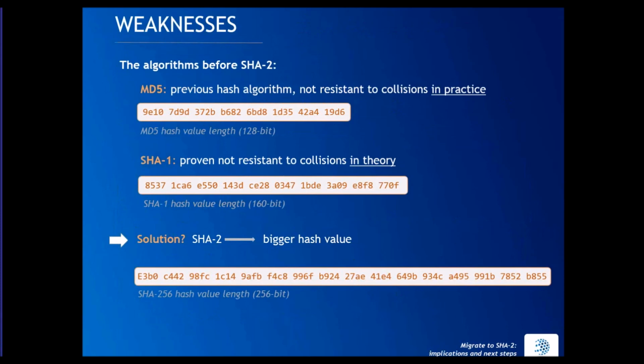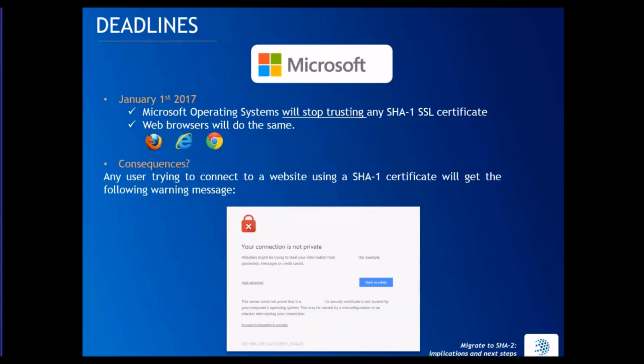SHA-1 hash value length is 160-bit, whereas SHA-2 hash value length is 256-bit. So it's much, much longer than the other two previous algorithms that were in play at that time. So all in all, moving from SHA-1 to SHA-2 will increase your security and your safety online.